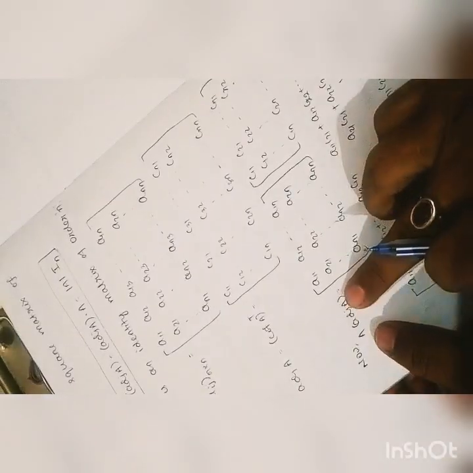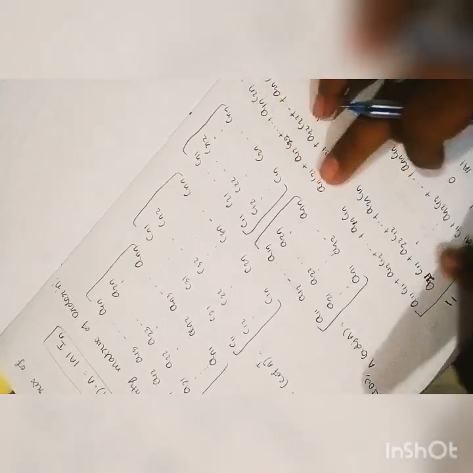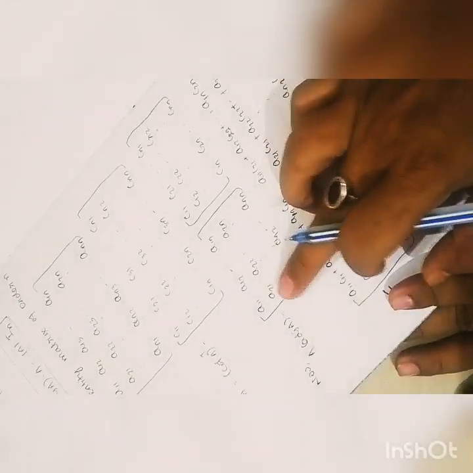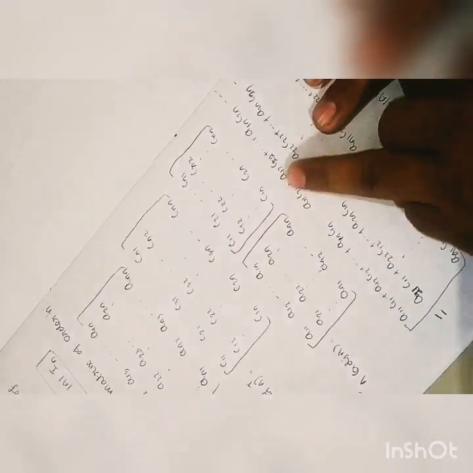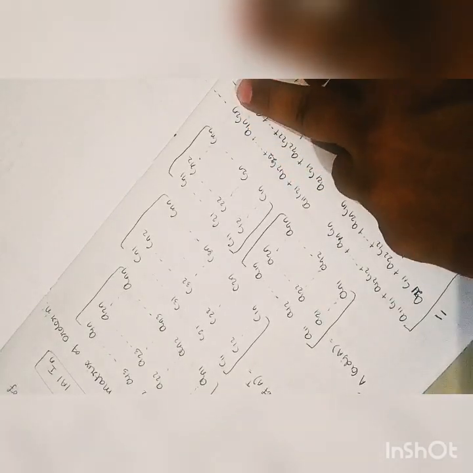Now A into adjoint of A. Write the matrix A and its adjoint. Now multiply first row into first column, that is A11 C11, A12 C12, A1n C1n. Again first row, second column, that is A11 C21, A12 C22, A1n C2n. Similarly first row, nth column, it is A11 Cn1, A12 Cn2, Ann Cnn.